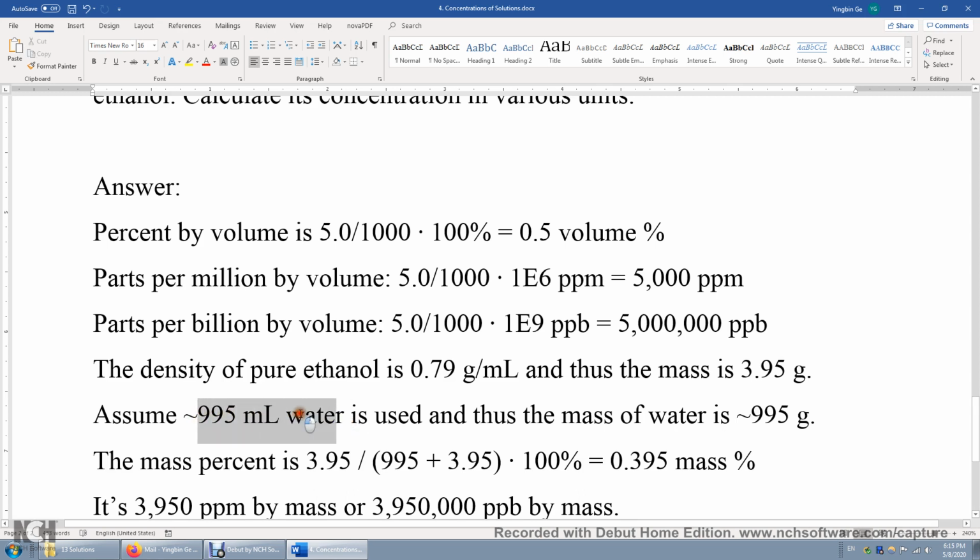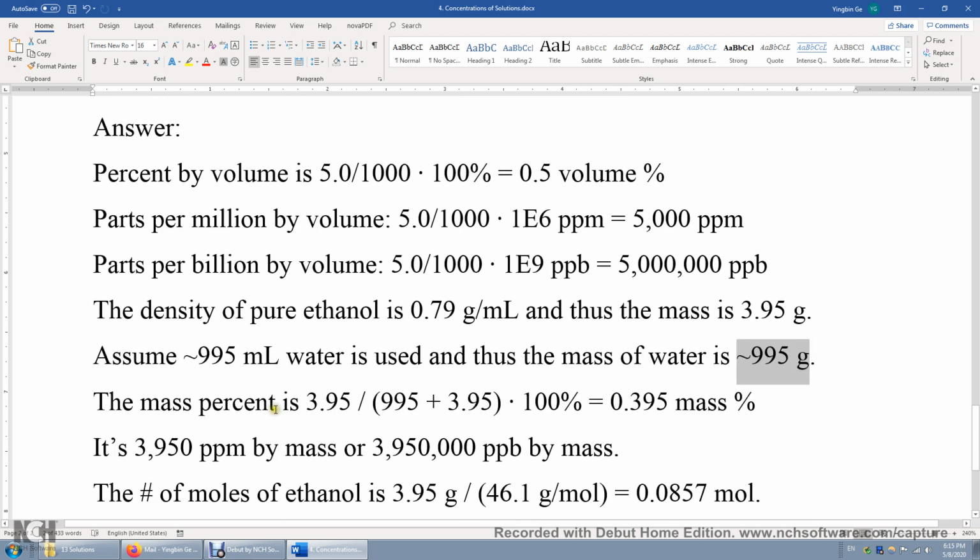And the mass of this much water is roughly 995 grams. Again, I'm assuming the density of water is roughly 1 gram per milliliter. So we can compute the mass percent. That's the mass of ethanol divided by the mass of the solution. Over here, this is water. This is ethanol. The result is 0.395 mass percent.